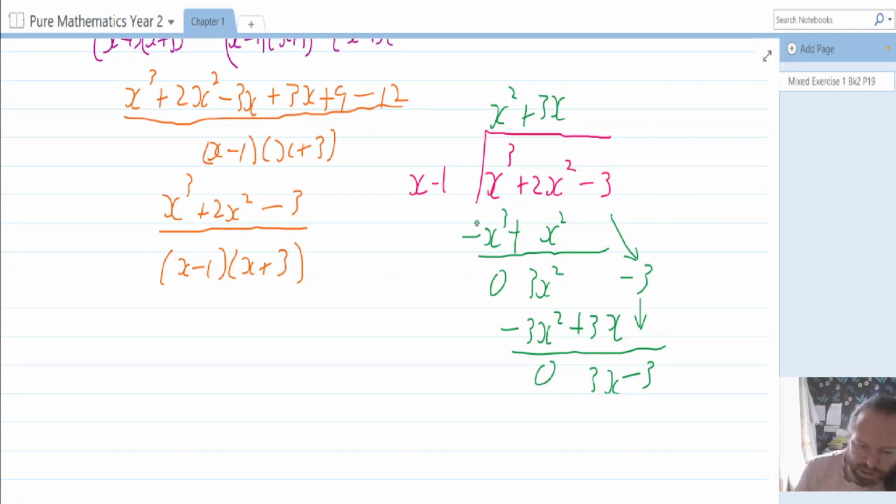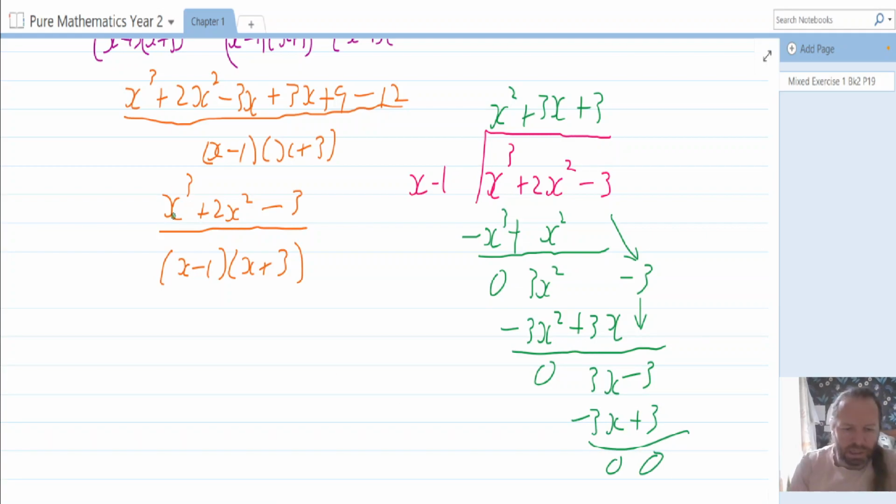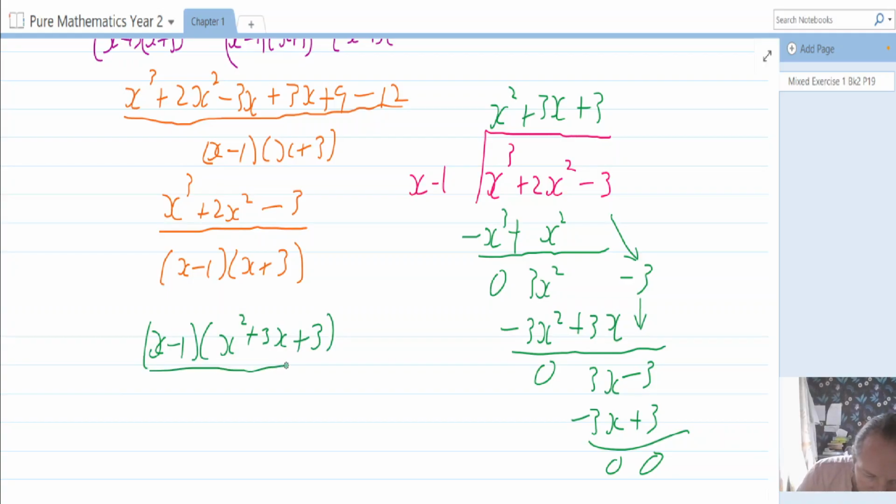And now hopefully you can see that x into 3x goes 3, giving me 3x minus 3, and when I change the signs I get 0, 0. So coming back to the orange over here, I can say that x minus 1 is a factor, and I am left with an x squared plus 3x plus 3 all over x minus 1, x plus 3.